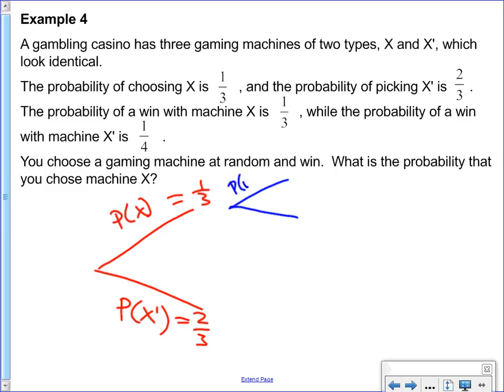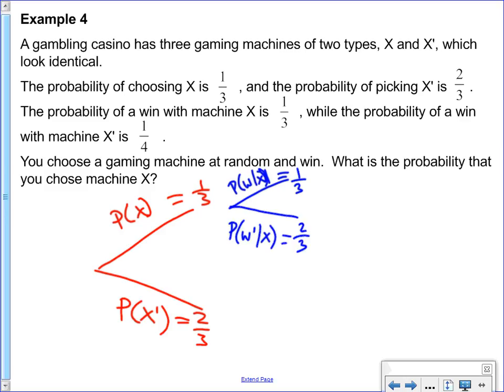The probability of winning given you're on machine X is 1/3, which means the probability of not winning on machine X is 2/3.